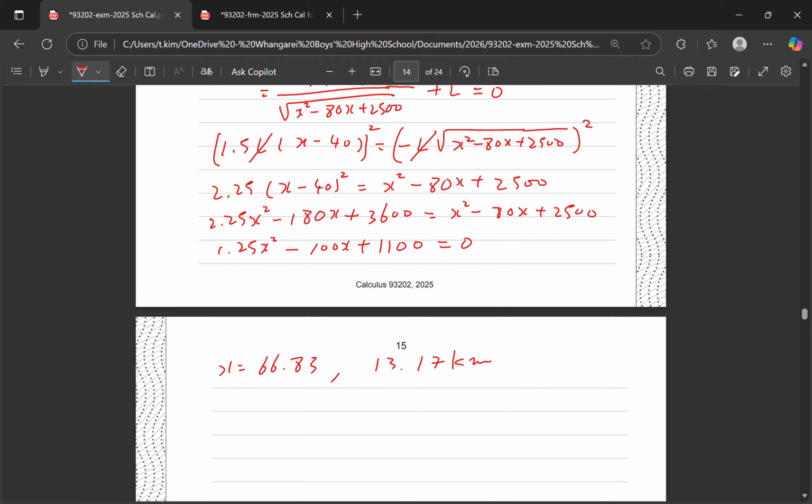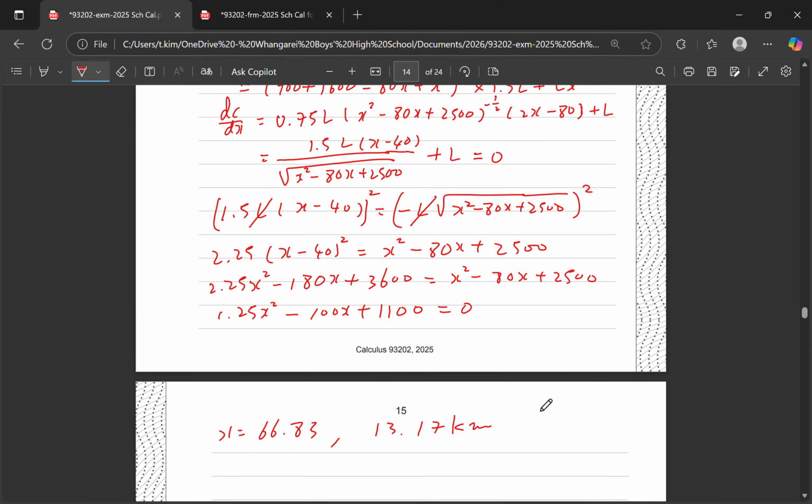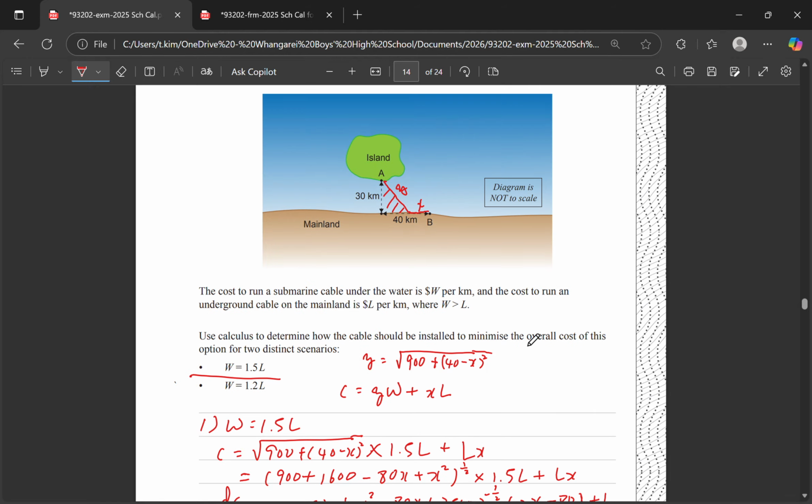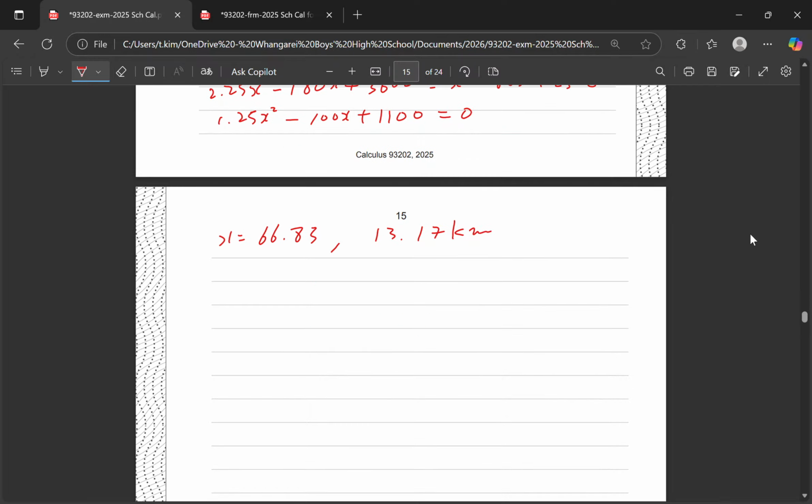Now think about it. Can x be 66.83? No way. The maximum distance on the mainland is 40, so this is not possible. So 13.17 kilometers must be the answer.